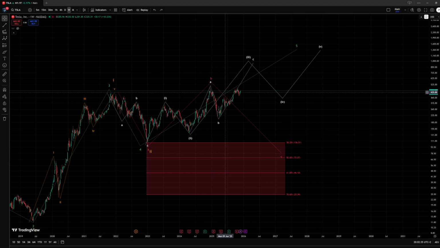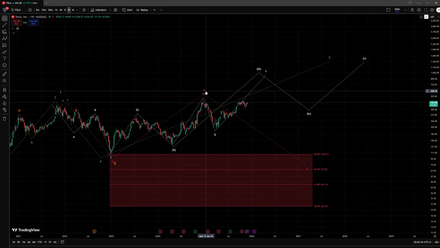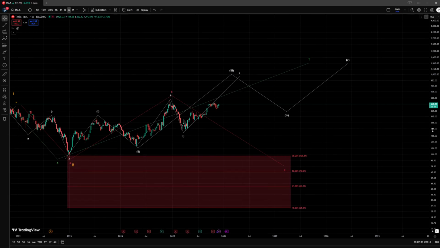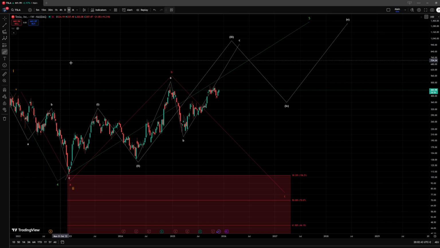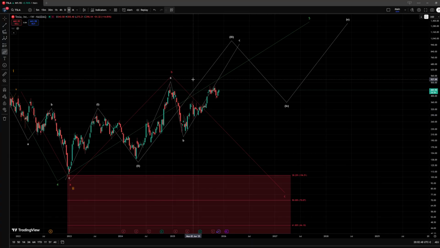So if I actually see here a break above the current wave B top, I would heavily prefer that we are in the white interpretation, and it would be much more likely that it will end up working out in the white scenario. Then we shouldn't even really be tracking too actively the red interpretation.